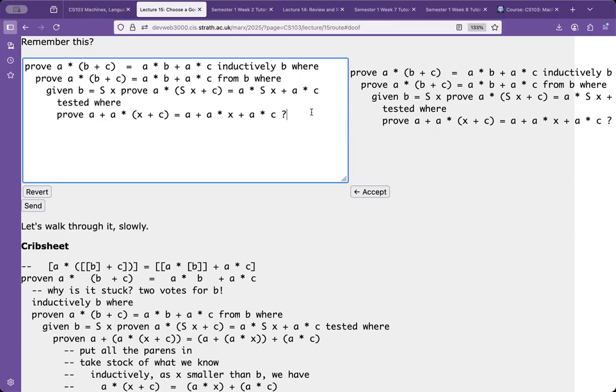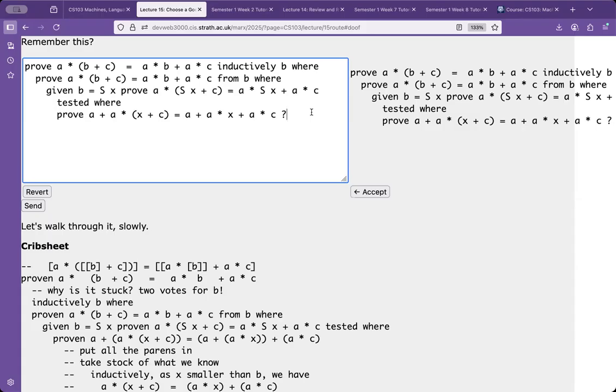So when we're thinking about a goal like this, there are several useful things to do. One thing I'm going to suggest we do is to put in all of the parentheses that Agda has left out, even though Agda is saying, well, I know the BODMAS rules, so I know these parentheses don't need to be written.